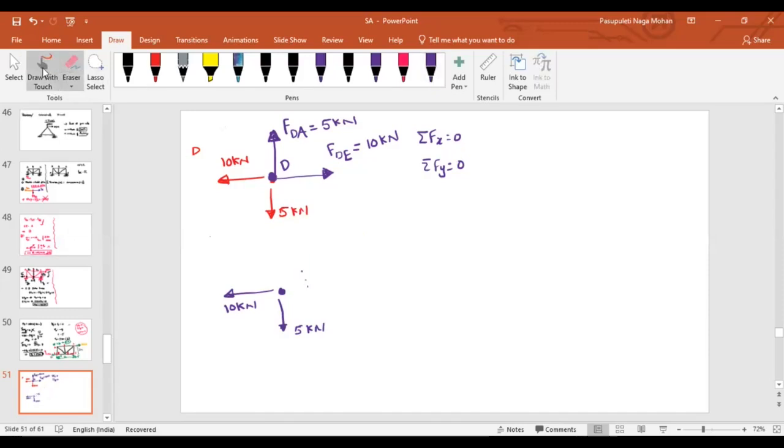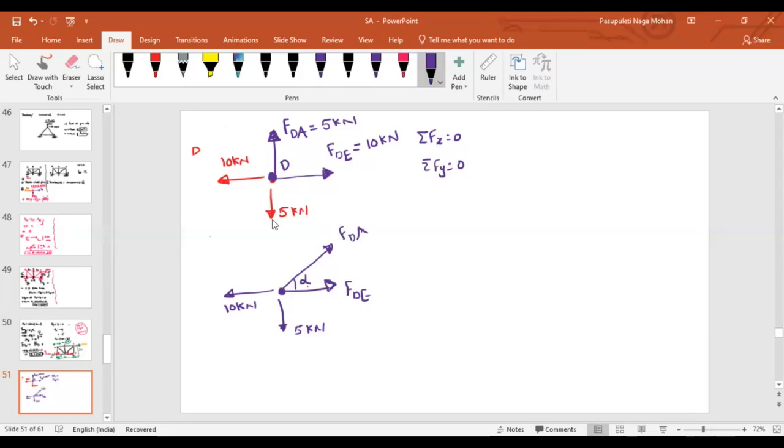With the understanding in which direction I should represent the force in the member DE: look at the force. The 10 kilonewton force is acting on the left side. So to balance it, FDE should be on the right side. Generally, if you represent it this way, then you might agree with positive or negative. So this is how I will represent FDE. Now imagine that there is a force acting like this, FDA, and imagine this angle is alpha.